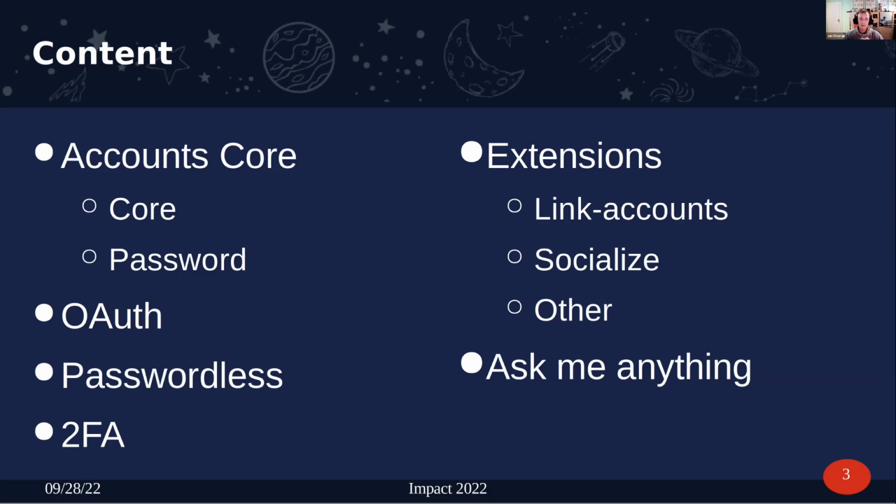I'll be talking a little bit about the accounts core, then the OAuth packages, passwordless and 2FA, which is kind of the official section, and then some of the extensions and other packages that allow you to use the account system to extend even more functionality. Since we'll probably run through this very quickly, we will then get into the Ask Me Anything section.